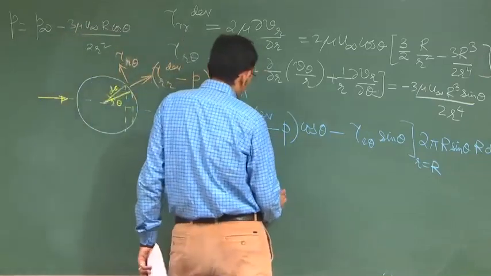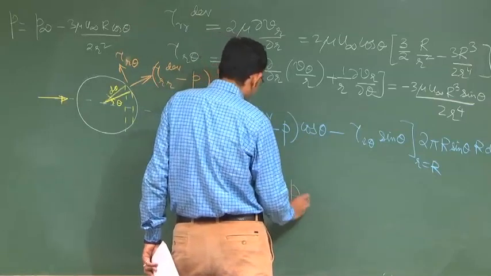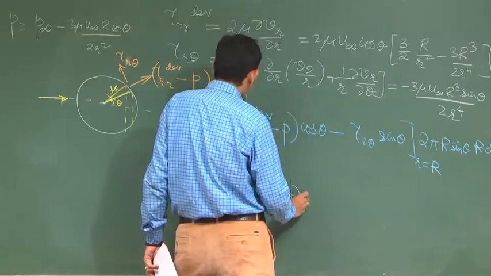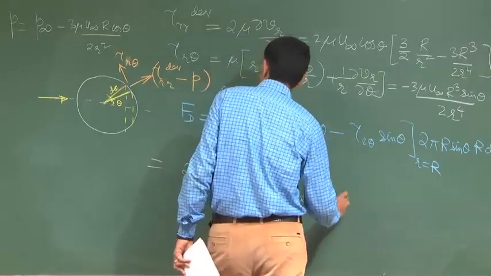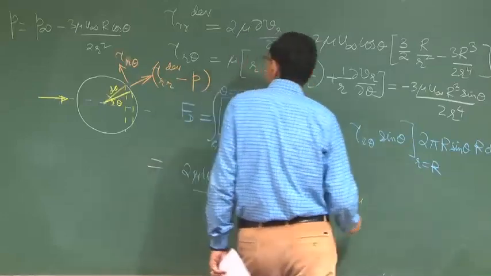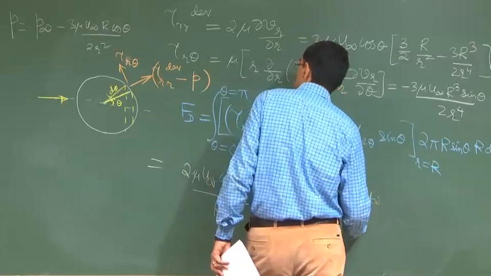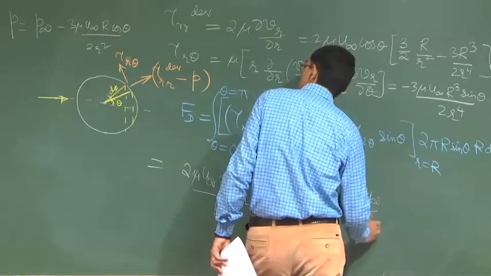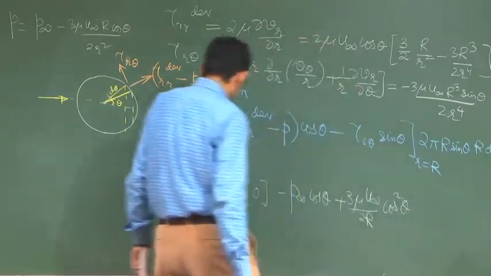So, minus P cos theta is minus P infinity cos theta plus 3 mu u infinity by 2 r cos square theta, right.